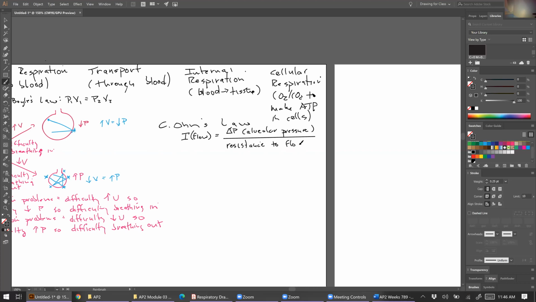Here again, take your time and don't just memorize it as physics. Realize that the flow of water, the flow of electricity, the flow of air, is dependent on how much you want it to move. So what's the change in pressure? Or in the case of electricity, what's the change in voltage? Divided by what's standing in the way, what's the resistance in the way.